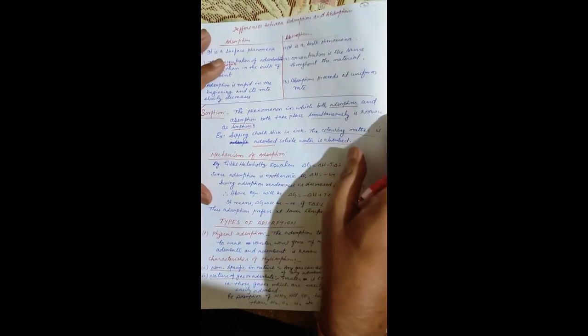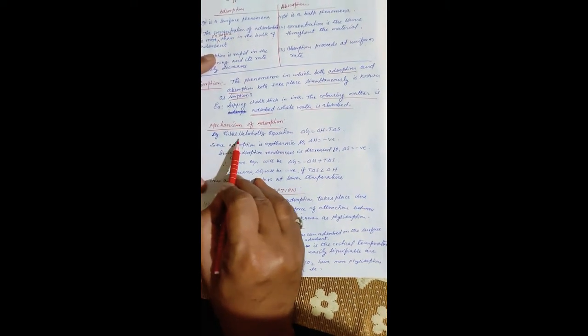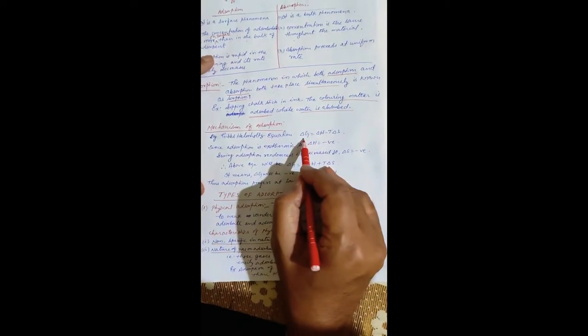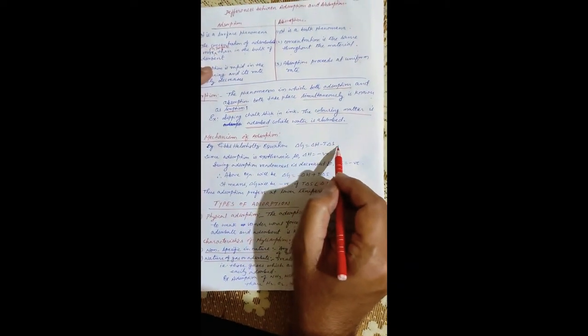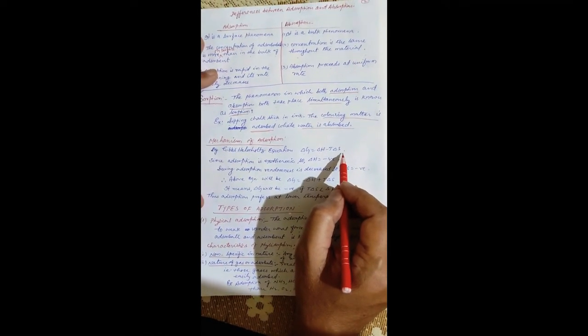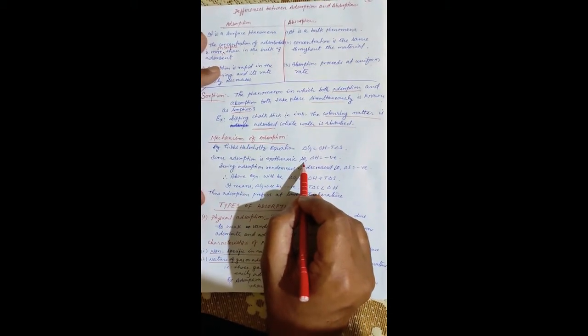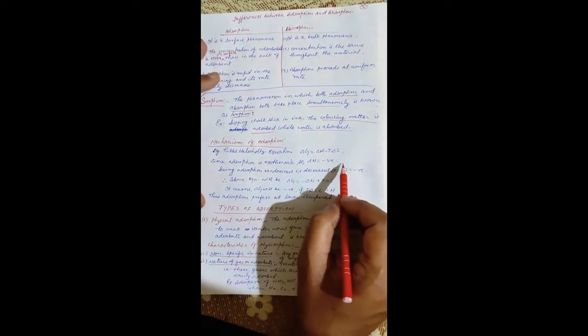Now, the mechanism of adsorption. You see, by Gibbs-Helmholtz equation, delta G is equal to delta H minus T delta S. Already you have read in class 11, chapter thermodynamics. Since adsorption is exothermic, it means delta H is negative.